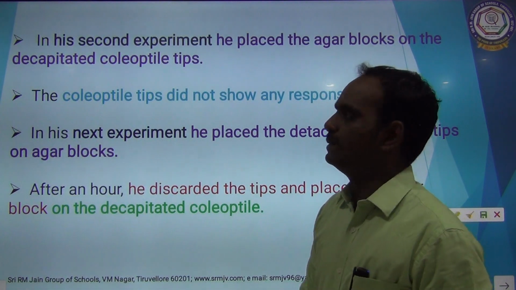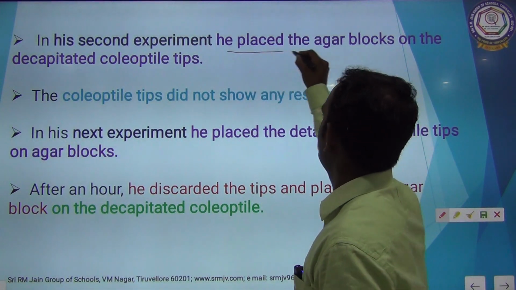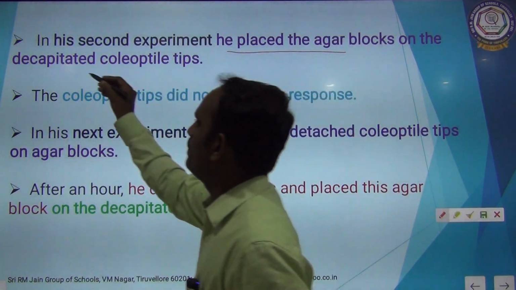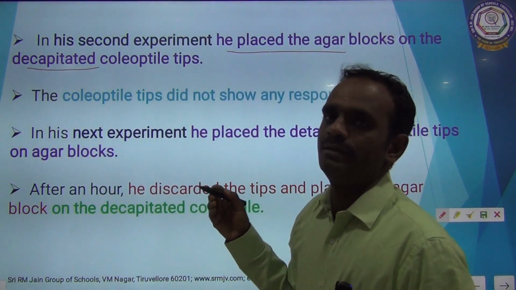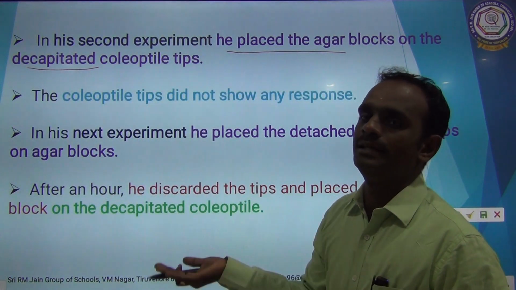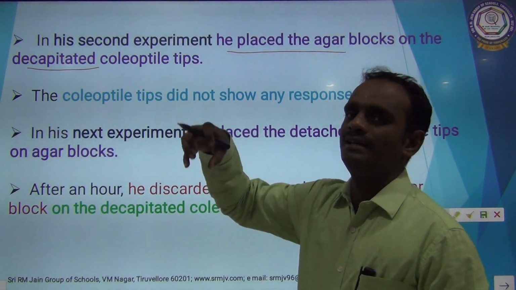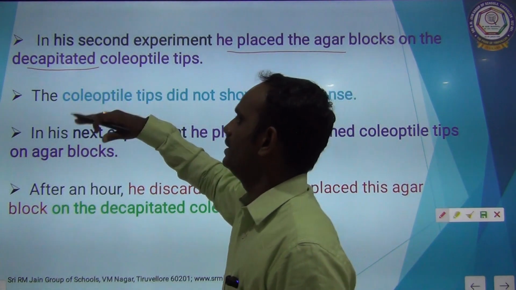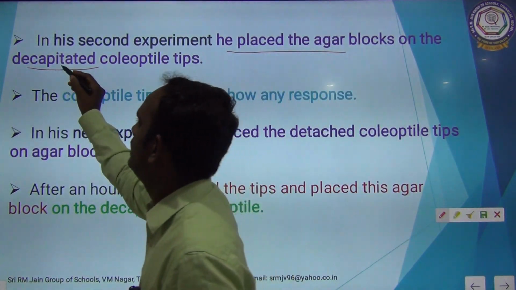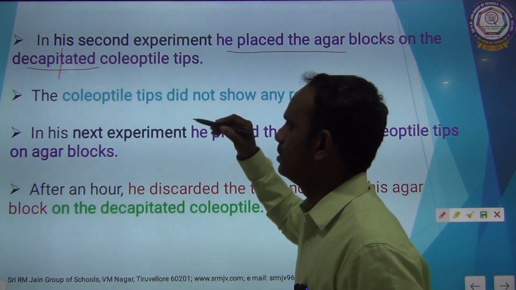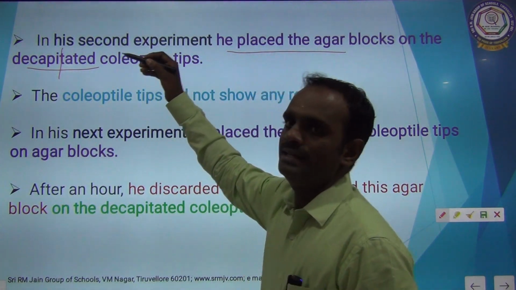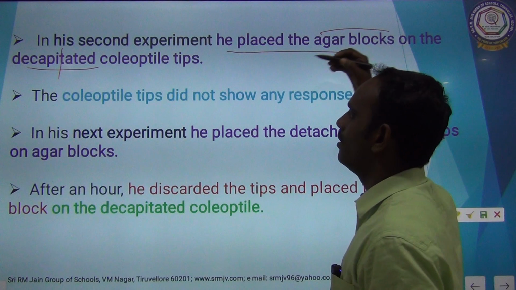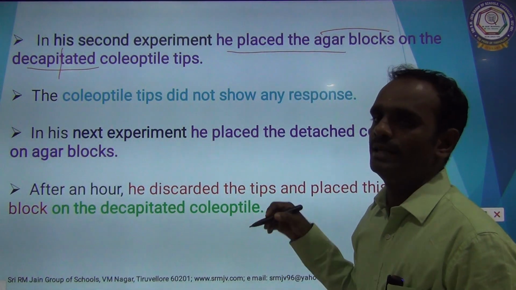In his second experiment, he placed agar blocks on the decapitated coleoptile. Decapitated means removal of the tip, the head portion of the small plant. So in his second experiment, he placed the agar block on the decapitated coleoptile tips.